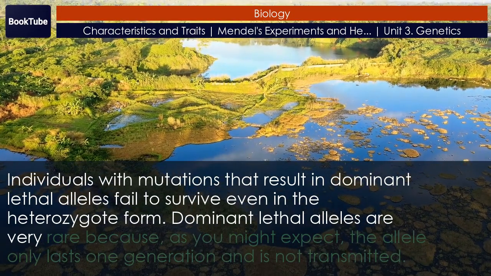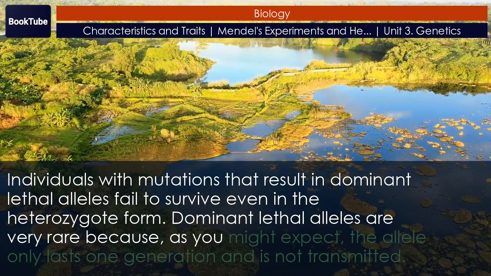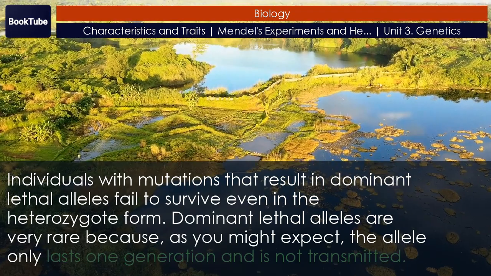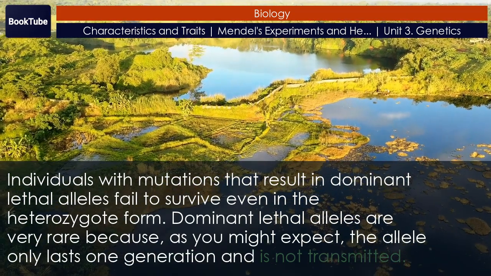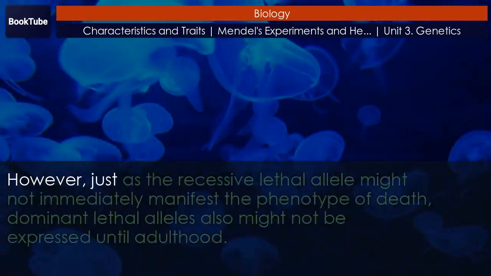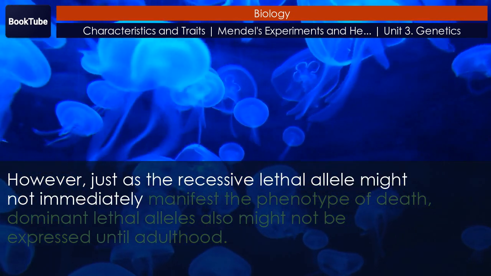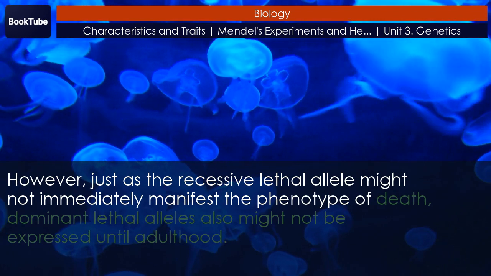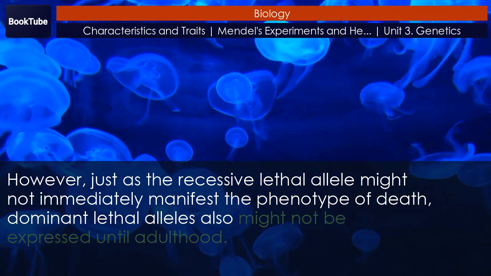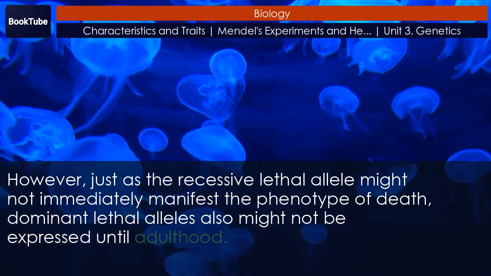Dominant lethal alleles are very rare because, as you might expect, the allele only lasts one generation and is not transmitted. However, just as the recessive lethal allele might not immediately manifest the phenotype of death, dominant lethal alleles also might not be expressed until adulthood.